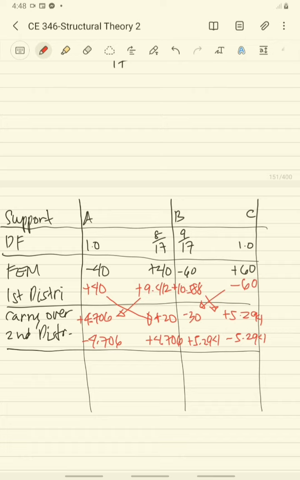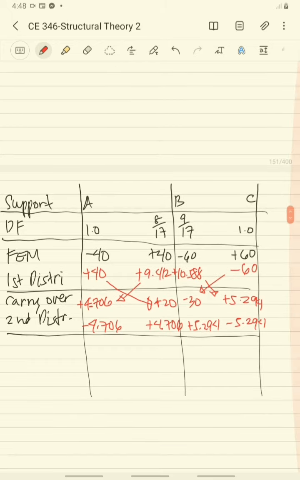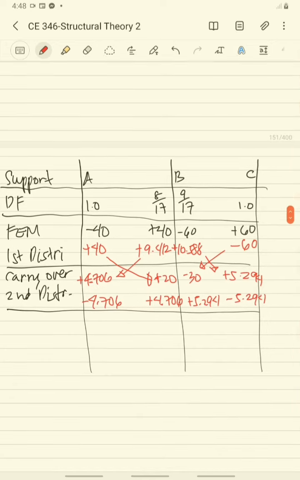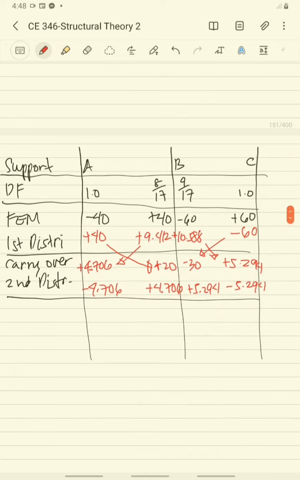So the moment of each support will be 0. Again, after distribution, we will carry over 1/2 of the moment with the same sign to the other end, or to each span.